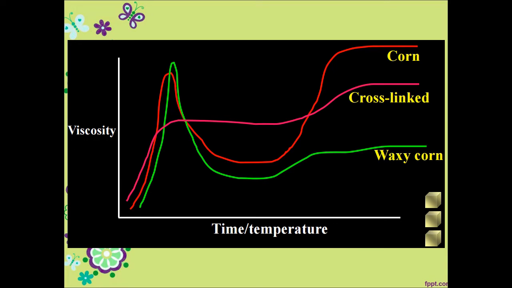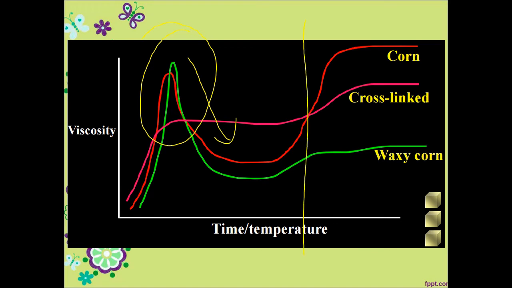Like I have explained in the earlier graph, viscosity increases as the time and temperature increase, so it becomes maximum at this point here. So this is where gelatinization occurs, and then rapid decrease in terms of viscosity as the granule bursts, and then upon cooling, the viscosity will increase.